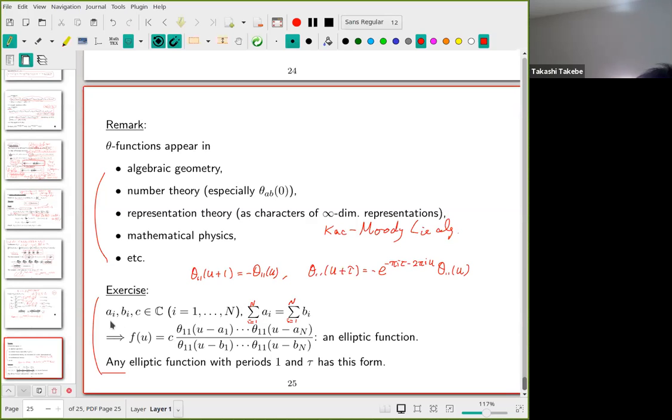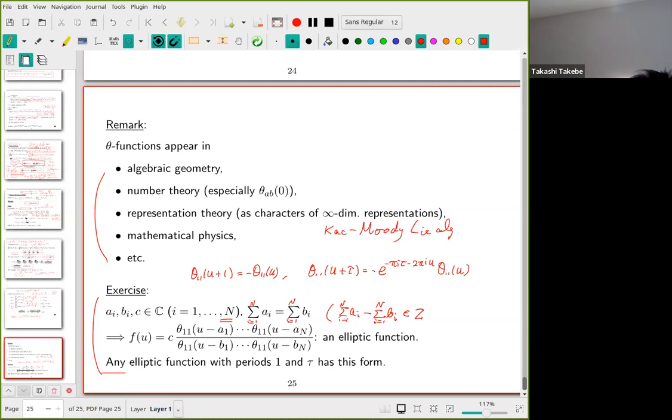condition is that there are two sets of complex numbers with the same number n of elements, A1 to AN, B1 to BN. And the sums are equal. Or maybe we can weaken the condition like this.